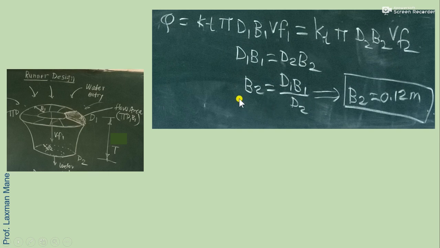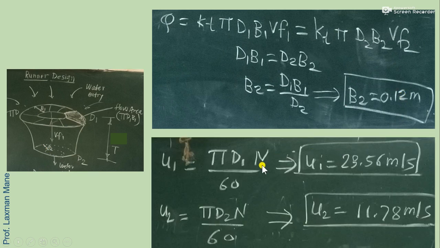Putting them in, we get the width of the runner at point 2, in meters. Then with D1 and D2 diameters and speed N, we get the corresponding speed at point 1 and point 2.